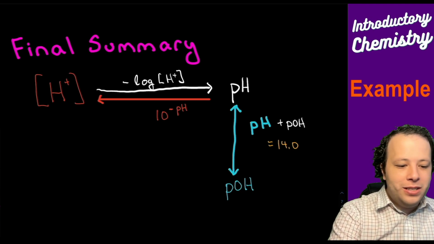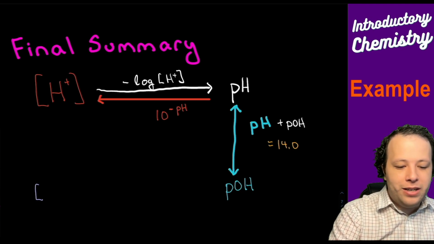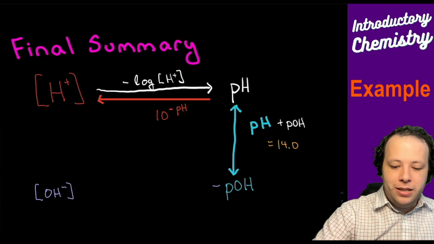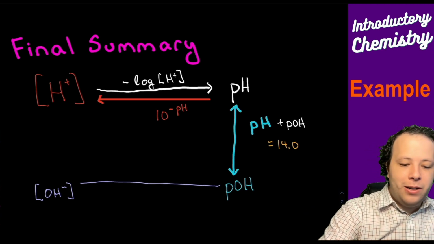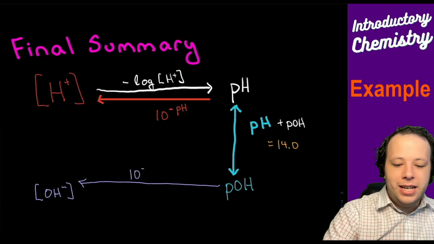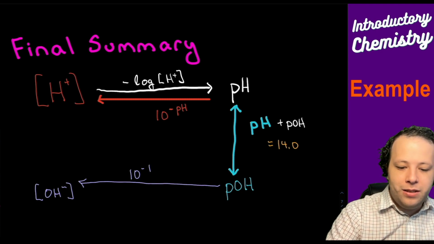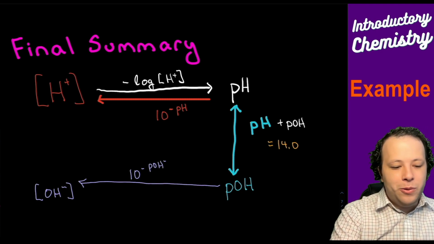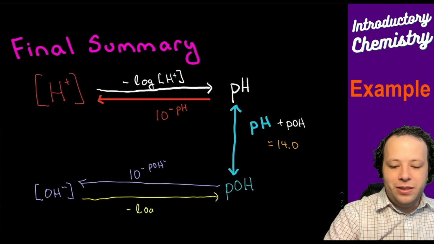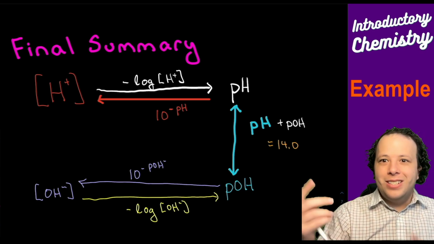Now, if we wanted to do our last one, let's say if we had hydroxide here, we can also bridge the gap between these. If I want to go to hydroxide, we could once again take 10 to the negative pOH to go over to hydroxide. Or if we wanted to convert back to pH, we could find the negative log of OH minus to convert back. So it's a cycle.